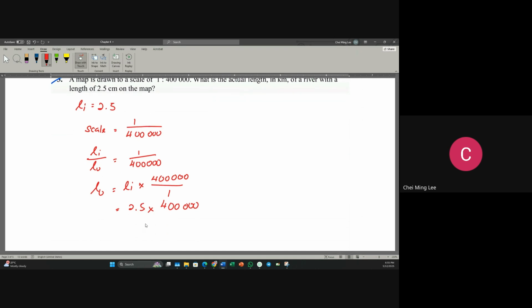So it's equal to 1 million cm, which is equal to 1 kilometer. No, 10 kilometers, sorry. Okay.